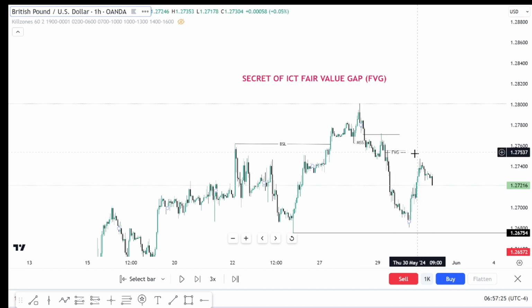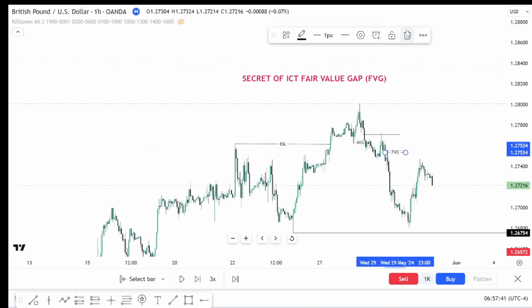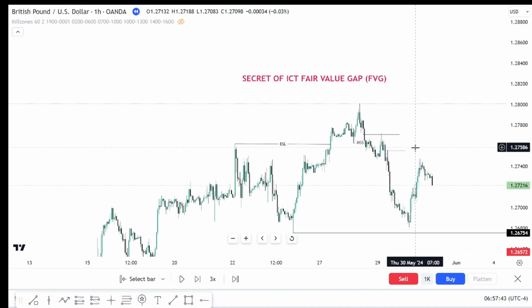We've gotten another second entry on this trade, because after breaking this structure, we have a fair value gap that ate the breaking of the structure, and we've seen price move to retest the fair value gap again. Let me remove this so that it will be clear for you to see. Can you see it now? We've seen price retesting the fair value gap.